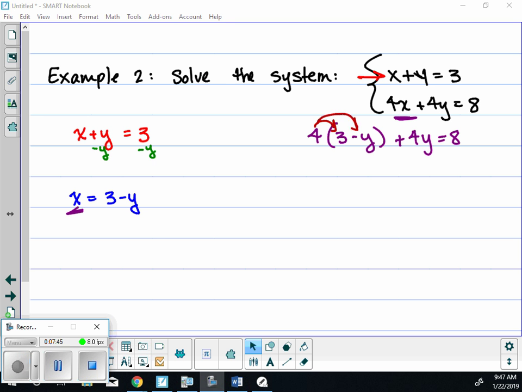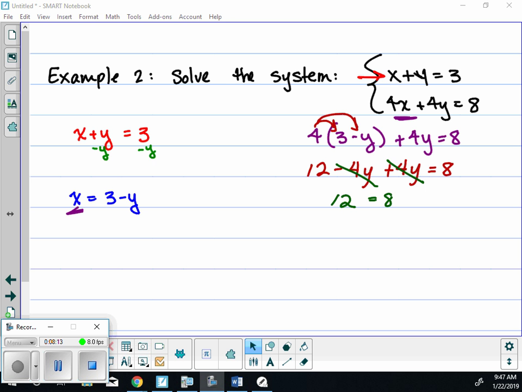Distribute. Yep. So 4 times 3 is 12, 4 times negative y gives us minus 4y, then plus 4y, then equals 8. So I get 12 minus 4y and plus 4y drop out. That gives us 0. So I have 12 equals 8.